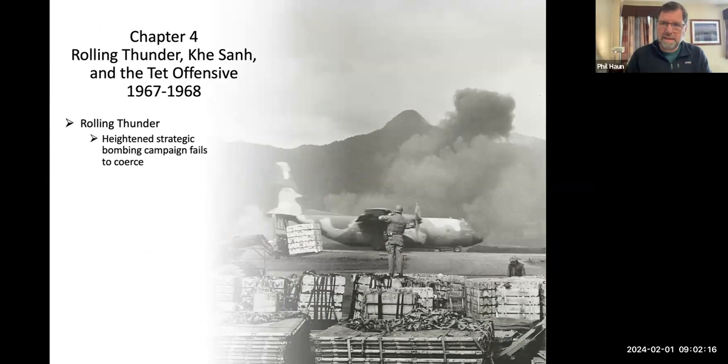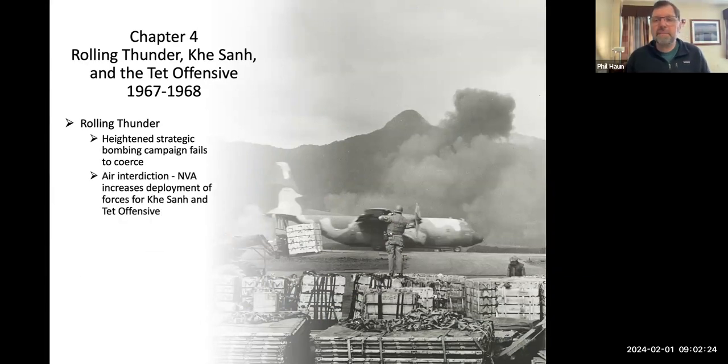Once again, this campaign doesn't convince the North to give up its ambitions to unify Vietnam. The interdiction campaign intensifies as well, but is unable to preclude the North Vietnamese, who have decided on a general offensive and general uprising. Meanwhile, in the South, air operations have been relatively effective.